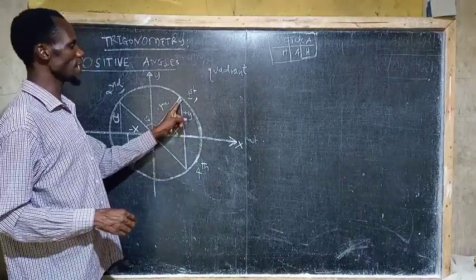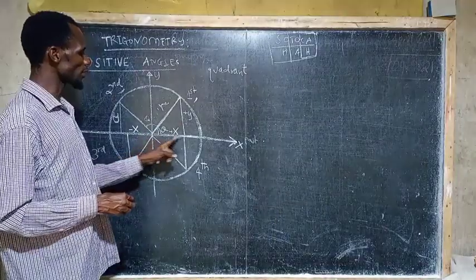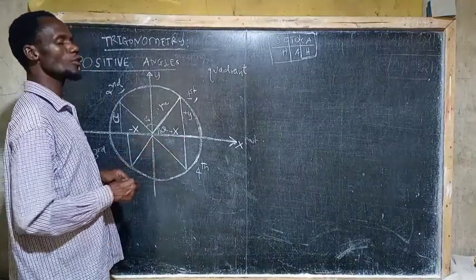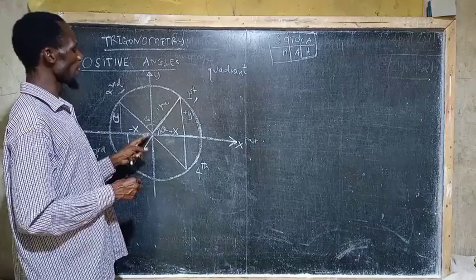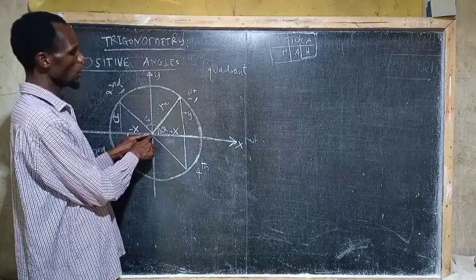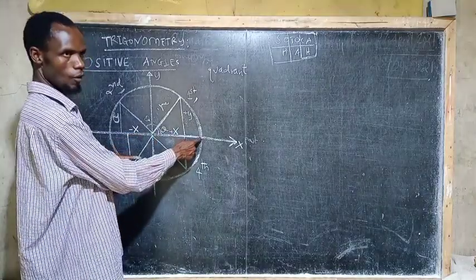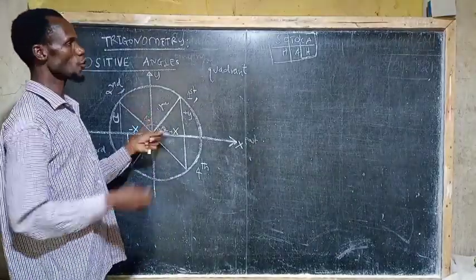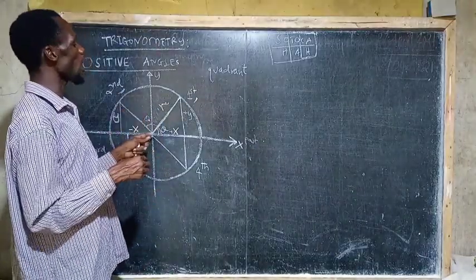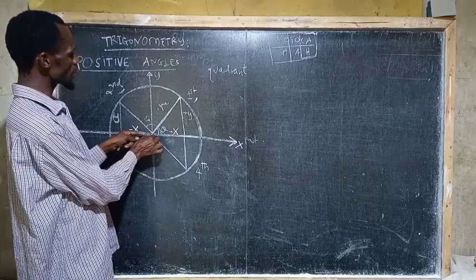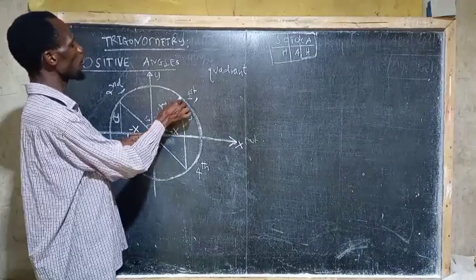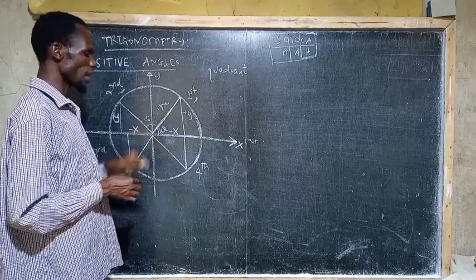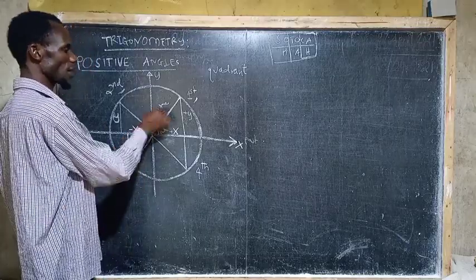This is not radius, and this is not radius. From here up to here is not radius, because it is not a distance from the center of the circle to any point of the circumference. That is what we call radius. So radius is obtained after you have measured the distance from the center of the circle to any point of the circumference. That is why I've said this is radius.